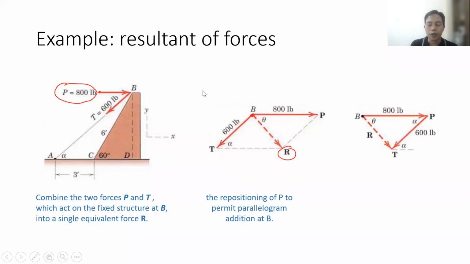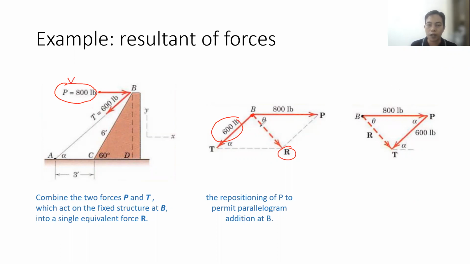Another way to obtain the resultant is by moving or repositioning the force P. We move it so that the tail coincides with the point of application here. Then instead of using the parallelogram rule, we use the triangle rule. So we move the force T not using the principle of transmissibility, but using vector addition.